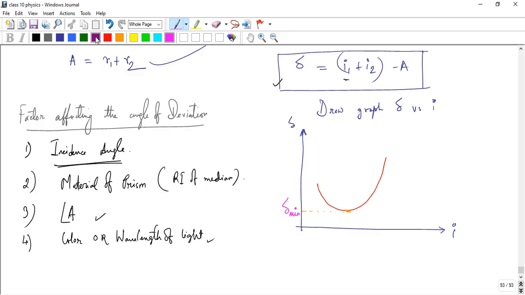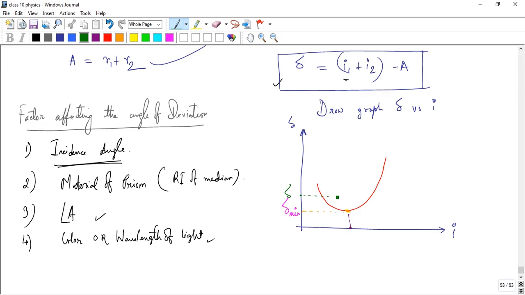Okay, for some value of incident angle here, now delta tends to max. Suppose we choose any value of delta here, not max, any value of delta.